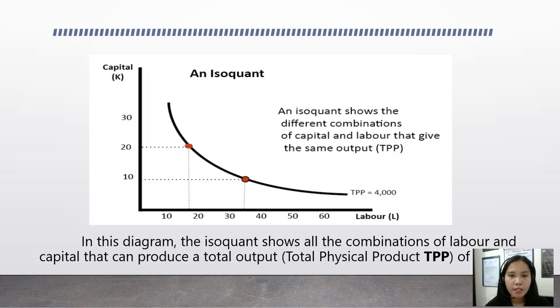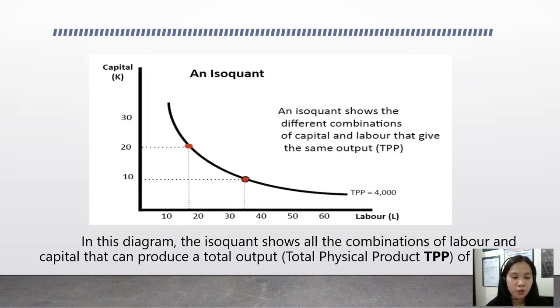So in this graph, on the isoquant, this could be 20 units of capital and 18 units of labor, or more capital intensive, and then 9 units of capital and 35 units of labor, more labor intensive.